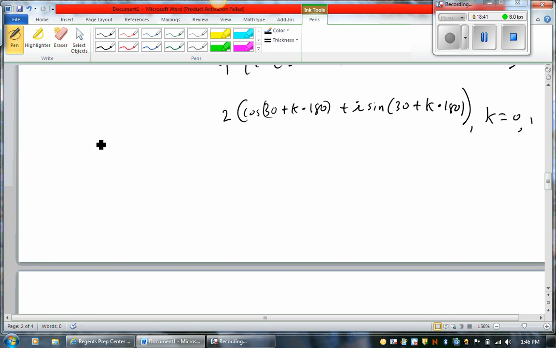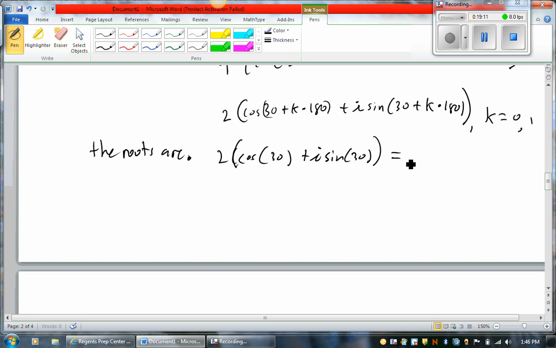So the roots are 2 times the cosine. So this time I'm going to plug in 0. If I plug in 0, k times 180 is 0. I just have cosine of 30 plus i times the sine of 30.